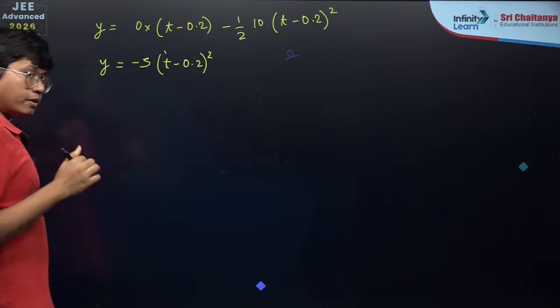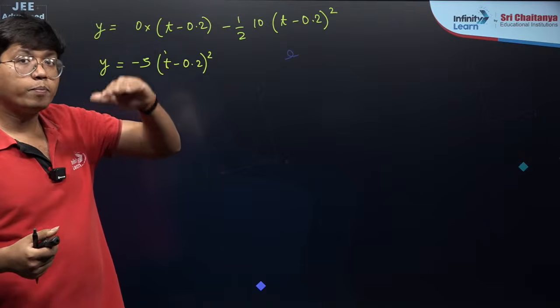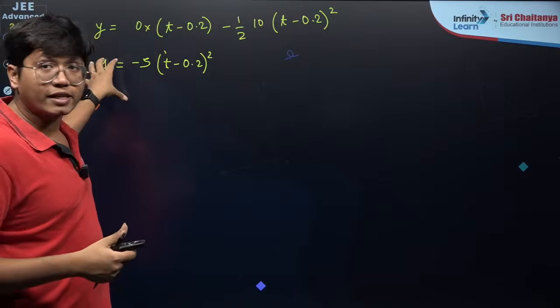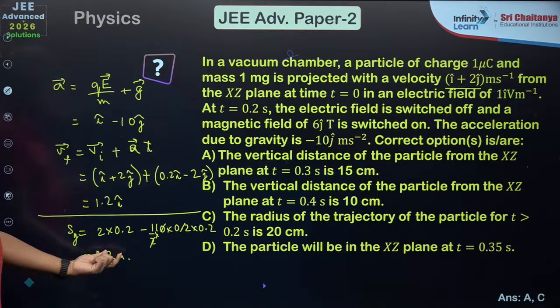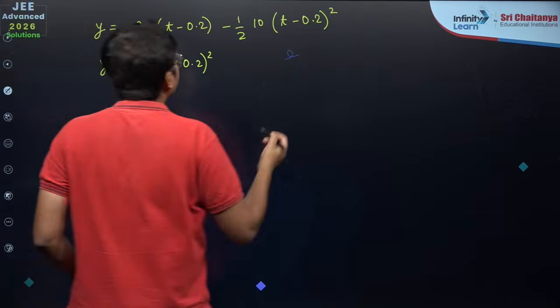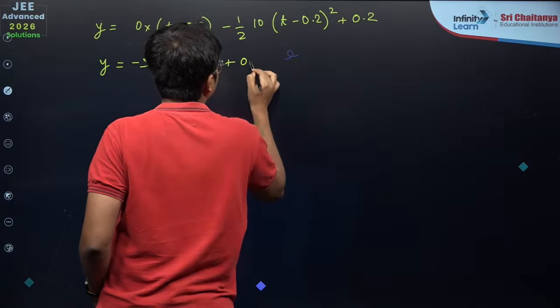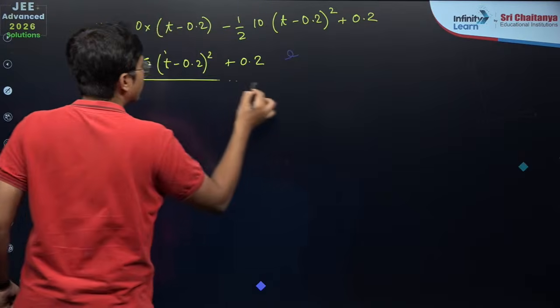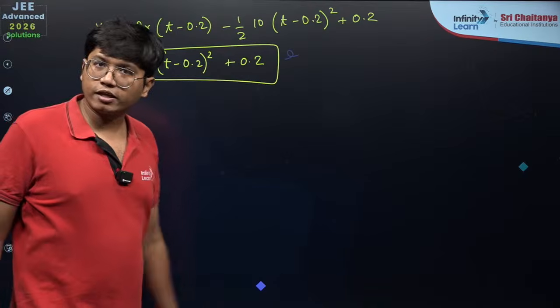But remember, this is just the y coordinate from the moment that we are considering, like from 0.2 seconds onward, it moves this extra y coordinate. However, it had already moved by 0.2 meter. So the actual y coordinate is this plus 0.2. This is your y coordinate at any time t from the beginning. This is the equation that we want to get to.